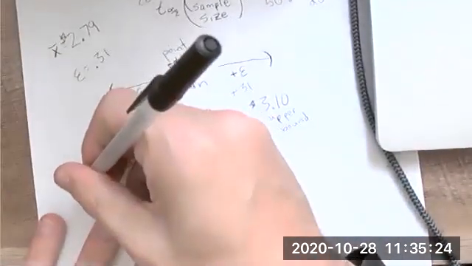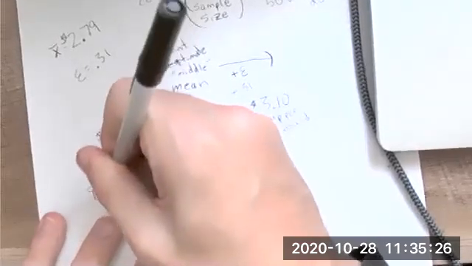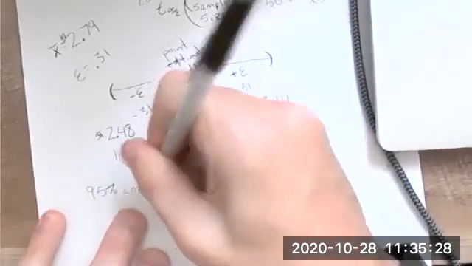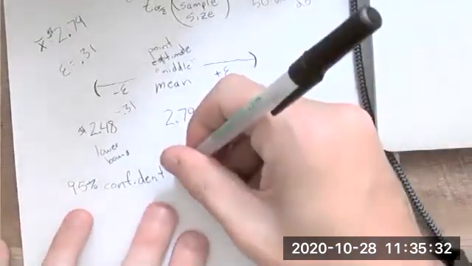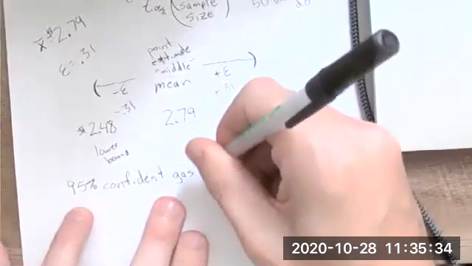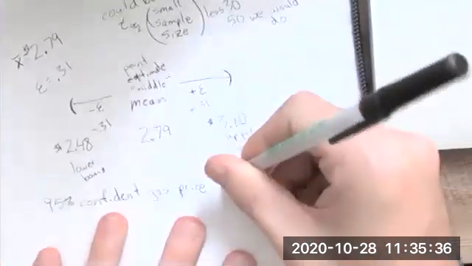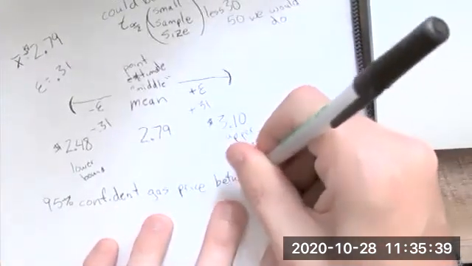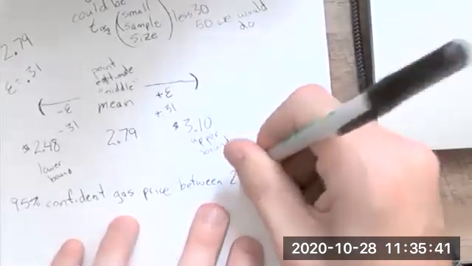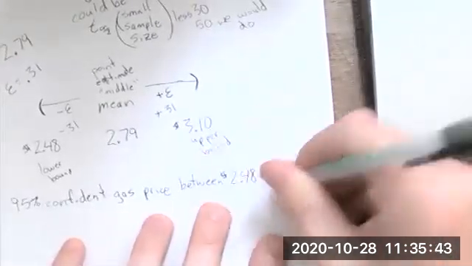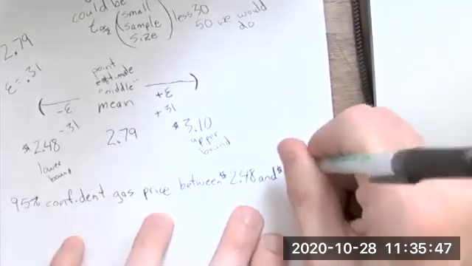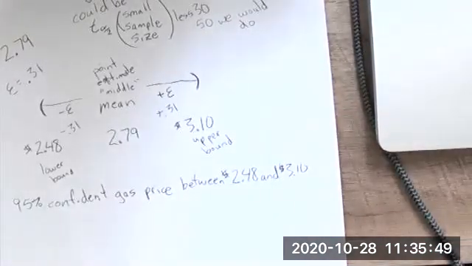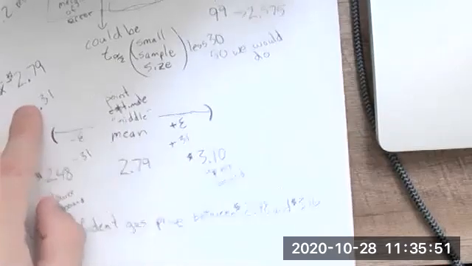And what that means is, again, at the end, I can be 95% confident that no matter what gas station I go to, the gas price is between $2.48 and $3.10.